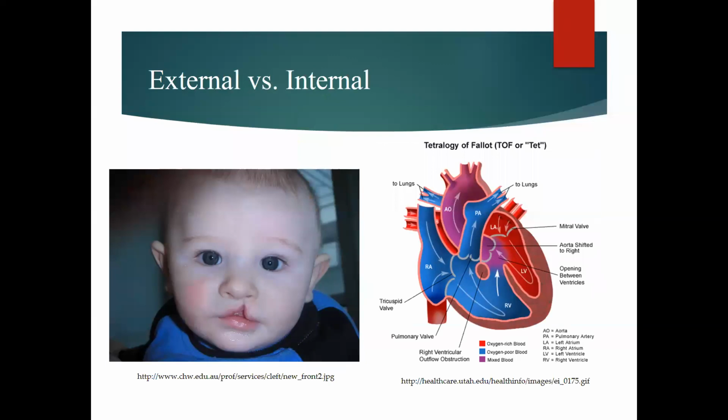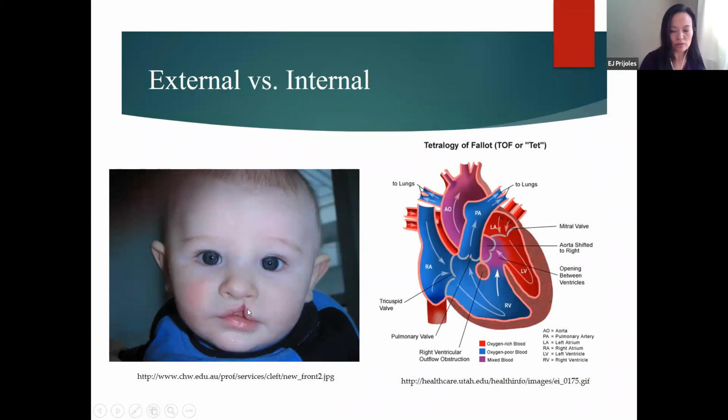All right, so again, an example of external, something like cleft lip, or internal, like tetralogy of Fallot, where you see some of the abnormalities, the VSD, the pulmonic stenosis, the overriding aorta, and right ventricular hypertrophy.